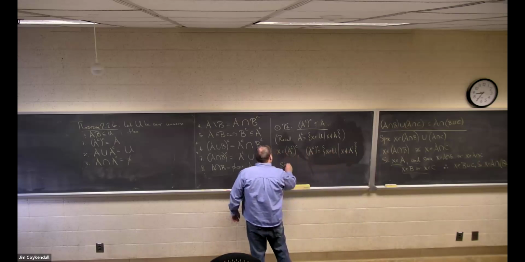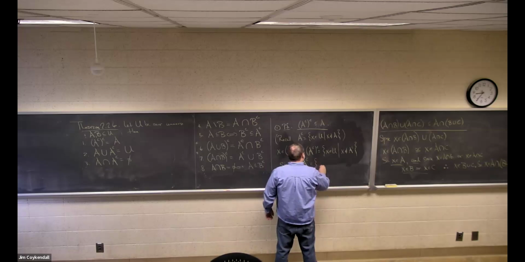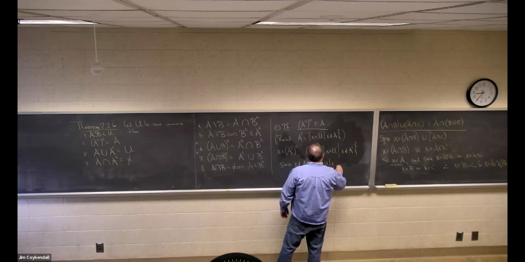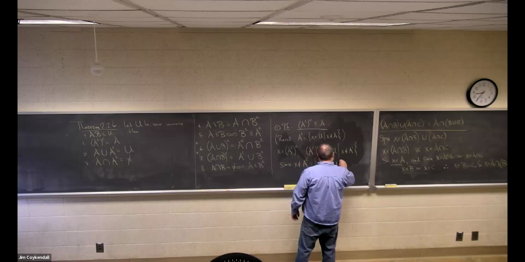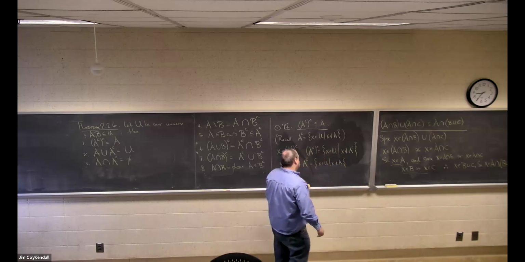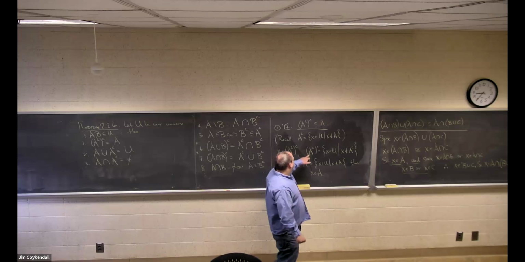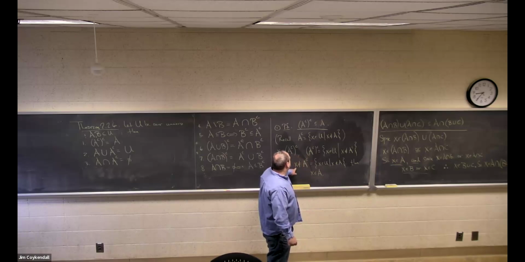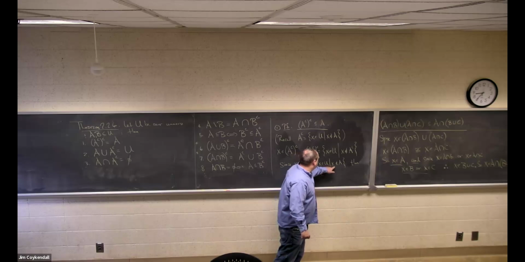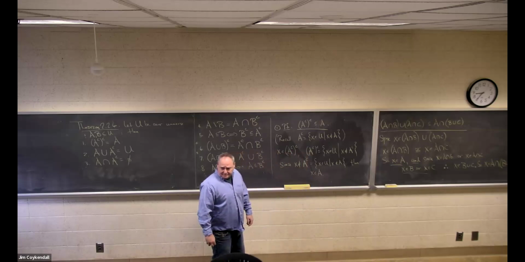But since X is not in A complement, and A complement is the set of X in the universe such that X is not in A, then X is in A. A complement is the set of everything in the universe that's not in A. So if X is not in A complement, which is what it means to live here, then it's in the set of everything in the universe that's in A, right? Everybody follow that? Okay.